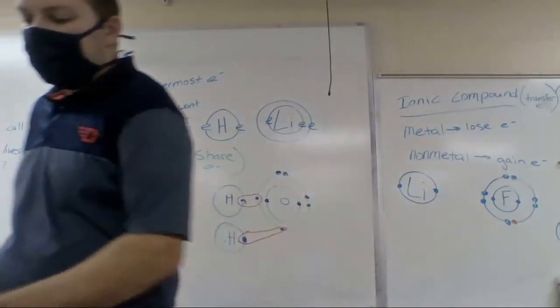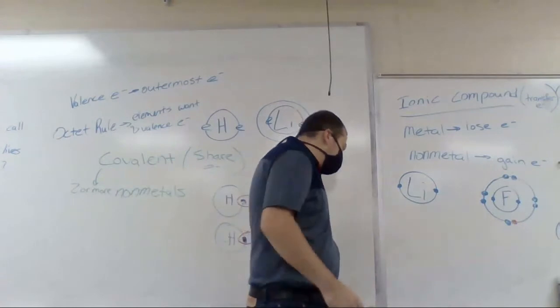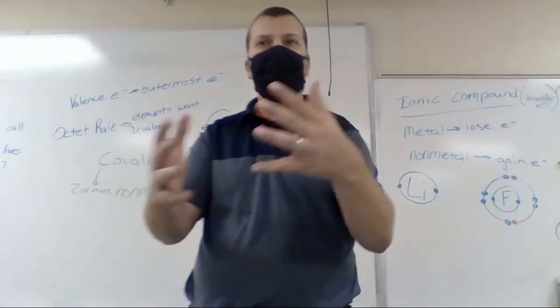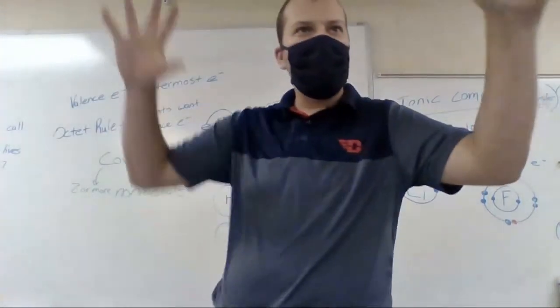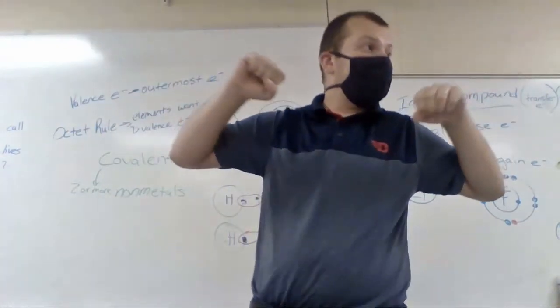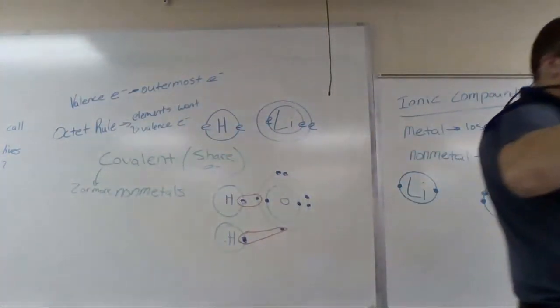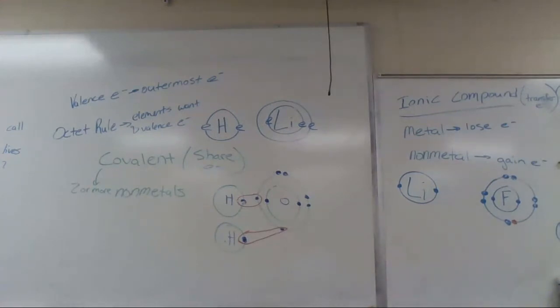The last thing I'm going to write down before we get to our activities, some properties. All right. So there's different properties of ionic and covalent, and we're going to determine. I'm going to give you 2 substances tomorrow. Substance A, substance B. I don't know what they are.